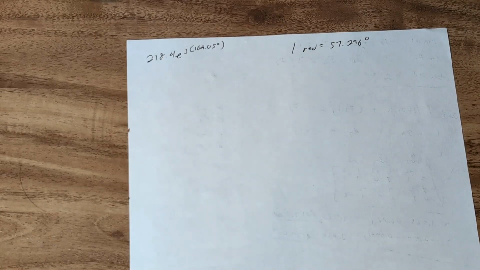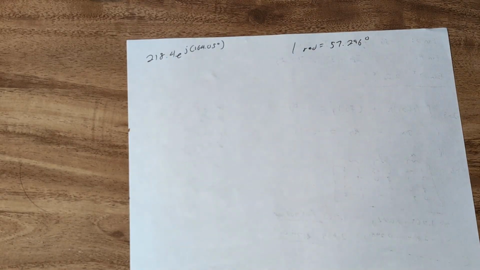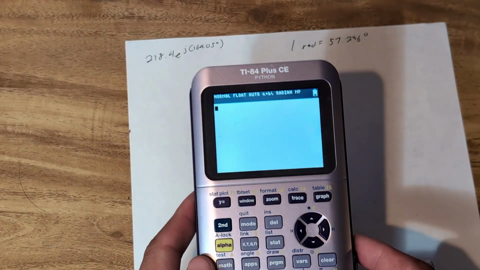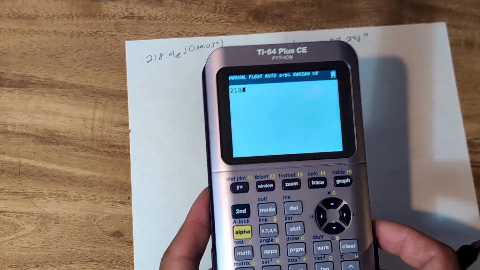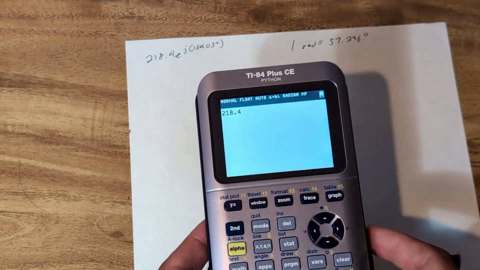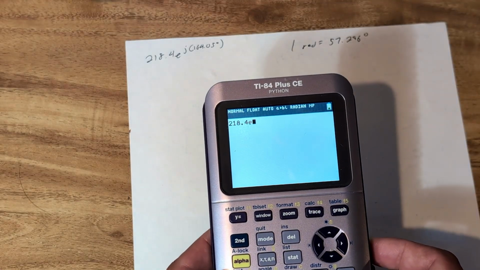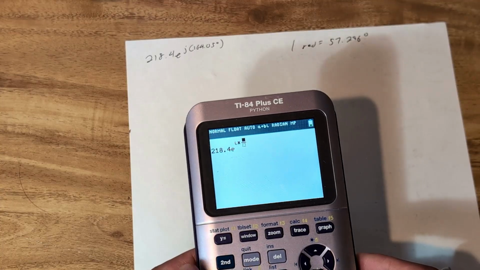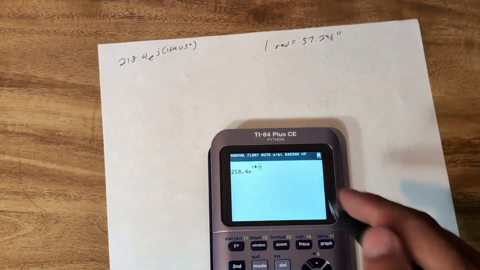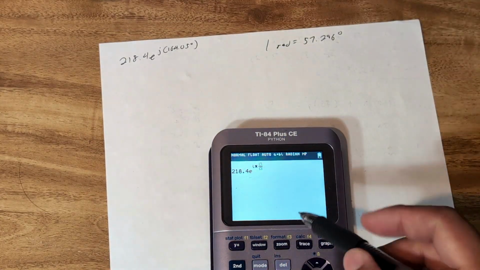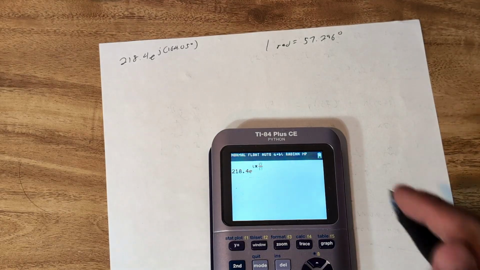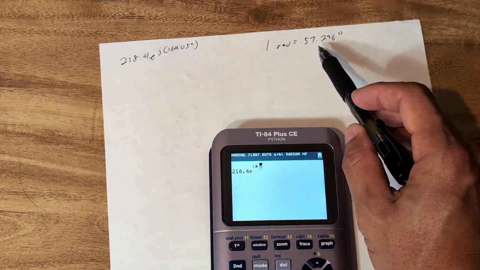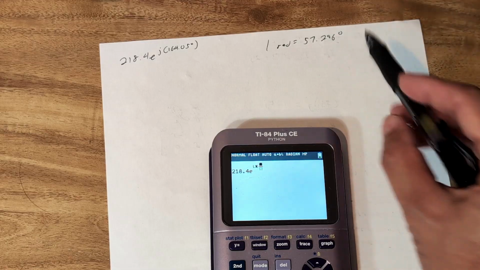All right, now what if we wanted to use the calculator to convert this to rectangular form? You're going to want to put 218.4 exponential i times the angle. You don't want to put this part in degrees in the calculator. You want to convert it to radians, and the conversion factor is 1 radian equals 57.296 degrees.